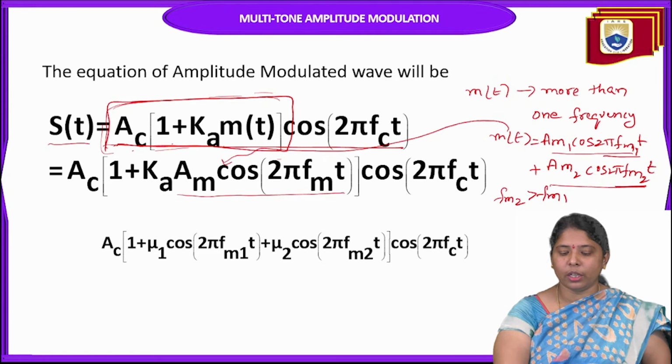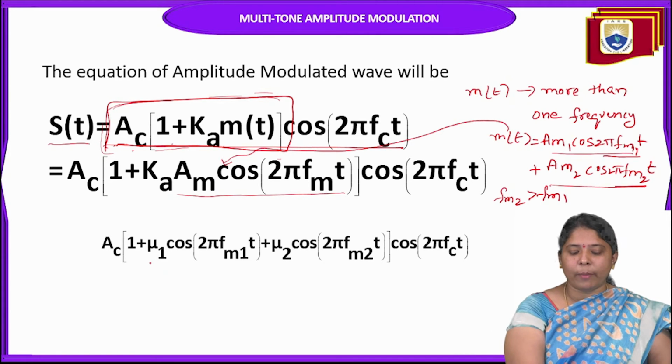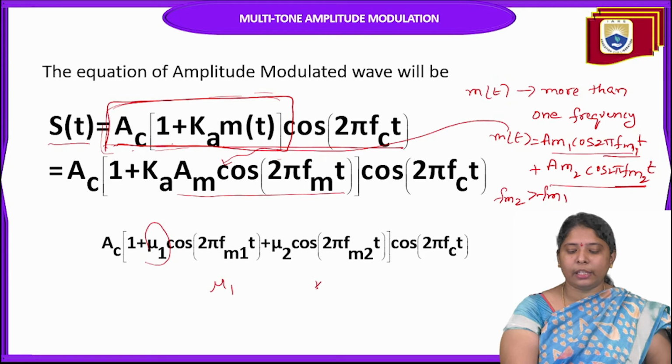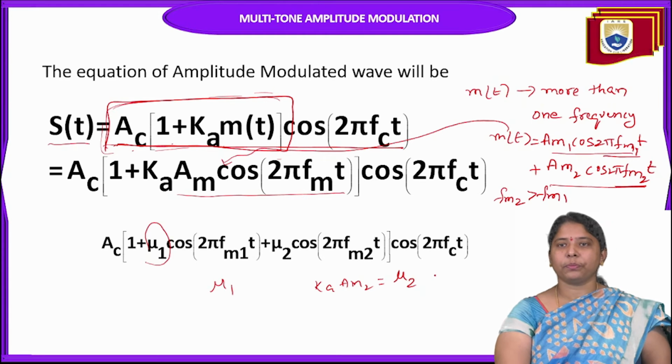Replace the total term, and Ka Am1 is called modulation index mu1 and Ka Am2 is called modulation index mu2.